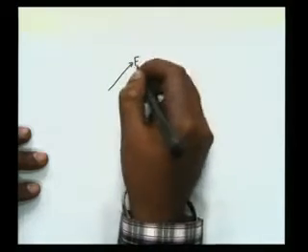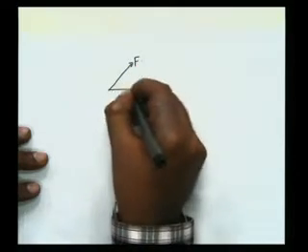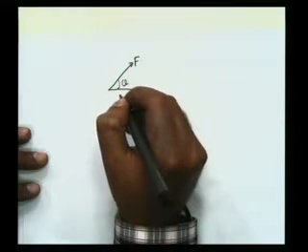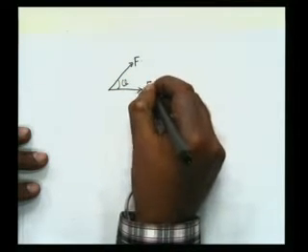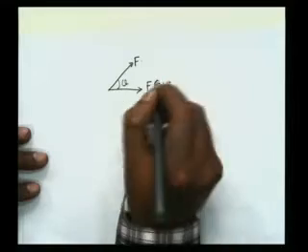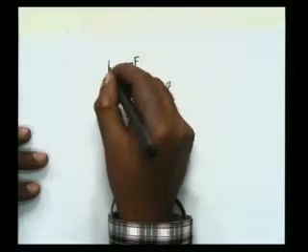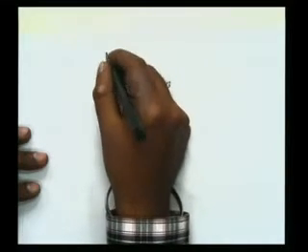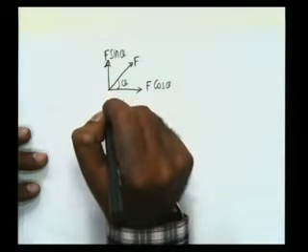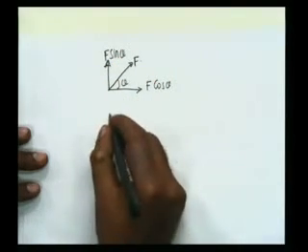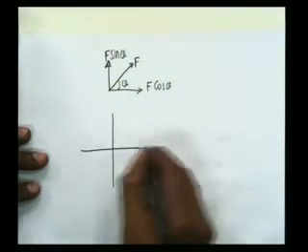Let us say this is force F and it is making an angle theta with horizontal. So the horizontal component will be equal to F cos theta and the vertical component will be equal to F sin theta.